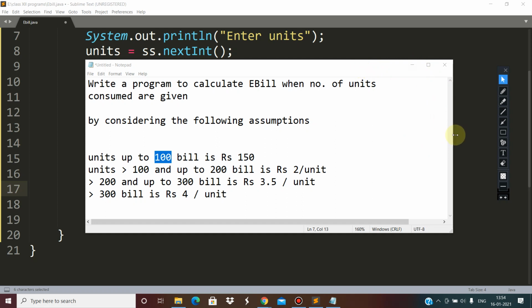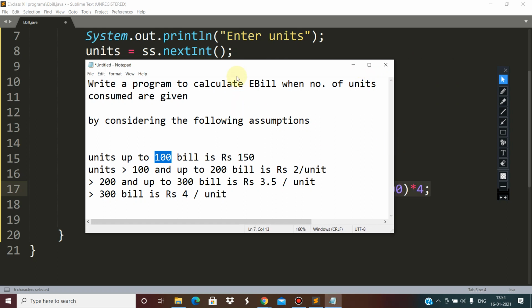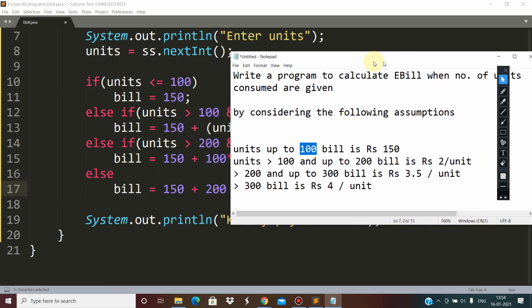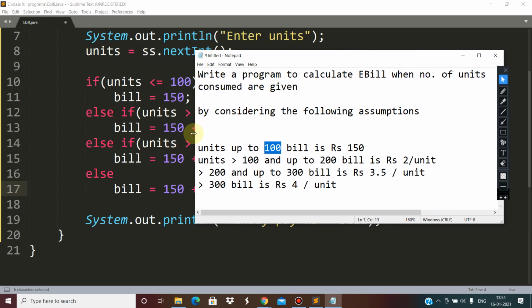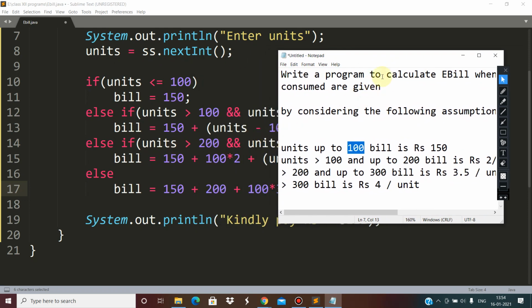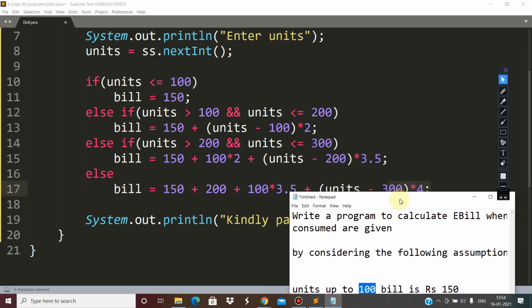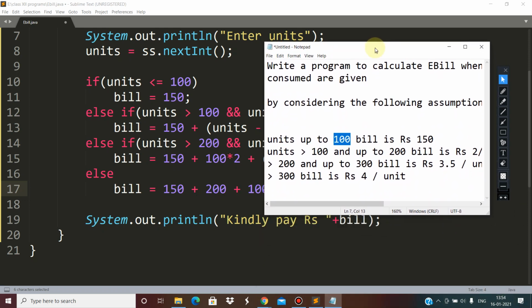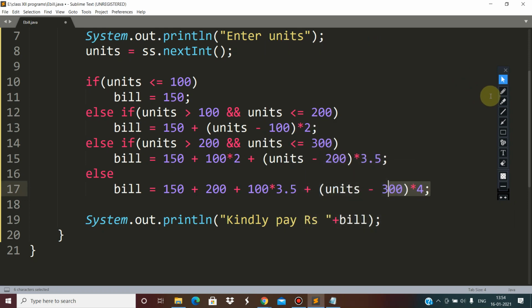And now just go through this question. Children, suppose you consumed 420 units. Then what will be the bill? Please calculate and tell me.